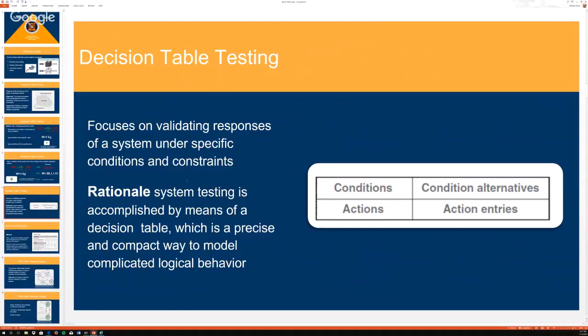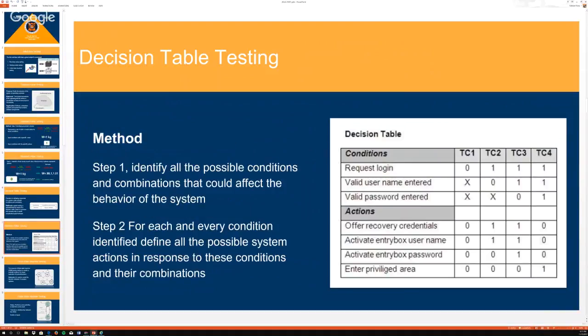So the method is, as I said, to identify all the possible conditions and combinations that could affect the behavior of our system.